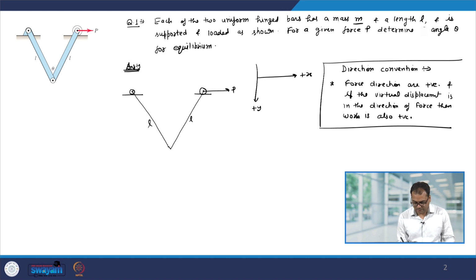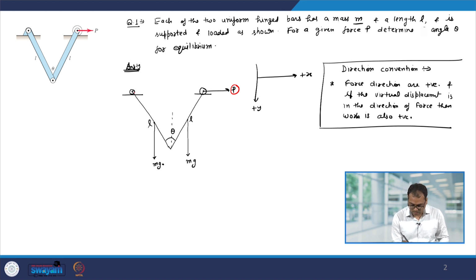They have a length of L, and in between they make an angle of theta. Now, the mass of these bars is going to act at a distance of L by 2 and it will be downwards. So, let us say this is mg and that is also mg. Because of the P, the bars are going to go far.